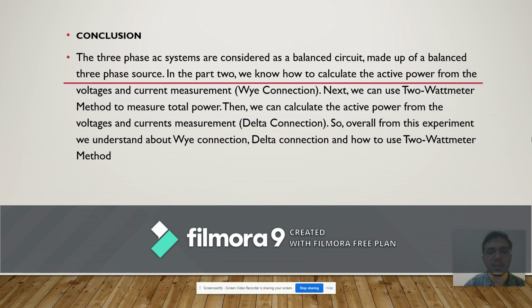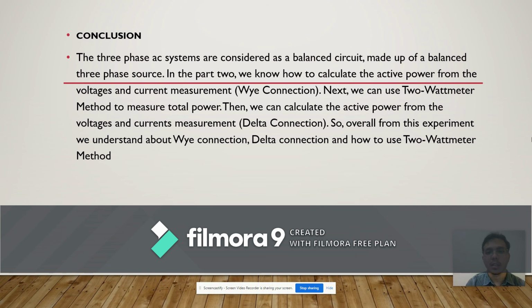So this is for my last part, which is the conclusion. The three-phase AC system is considered as a balanced circuit made up of a balanced three-phase source. In part 2, we know how to calculate the active power from the voltage and current measurement in Y connection. Next, we can use the 2 wattmeter method to measure total power.